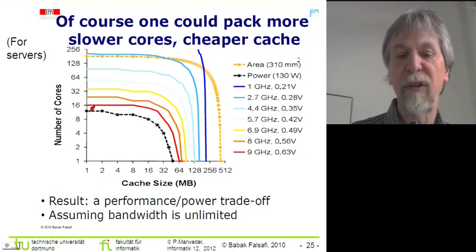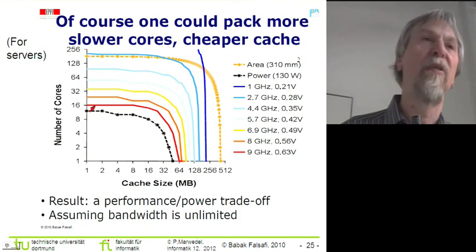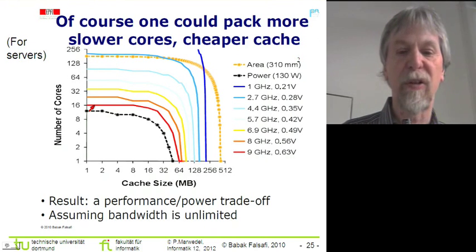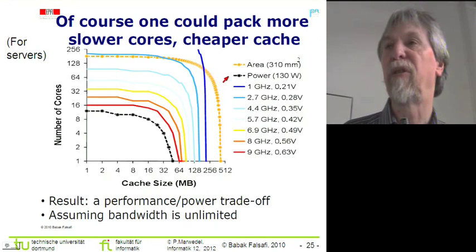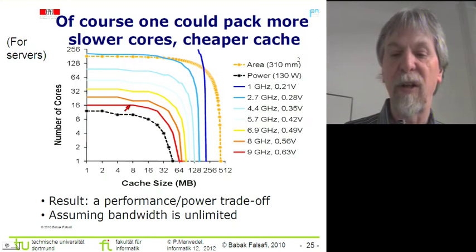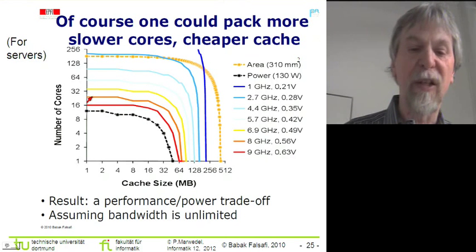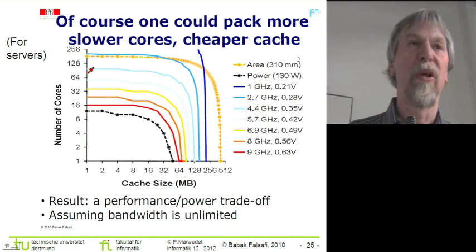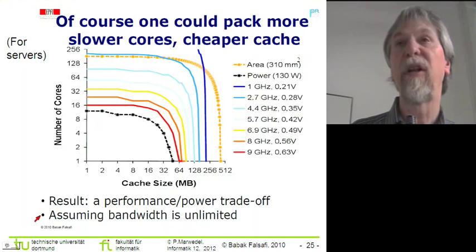And looking at these other colors, we can see that indeed by using a reduced voltage, we can power on more of these cores while still respecting that 130 watts power constraint. So if we use just 9 gigahertz, we can power on up to 16 processors, and if we use lower and lower voltages, we can power more and more of these processes.